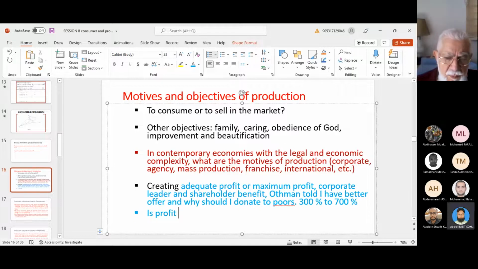Is getting profit several hundred times, several times, multiples, if the market permits it, without doing any mischief, in some violation of Sharia, whether maqasid Sharia or the moral values of Sharia?